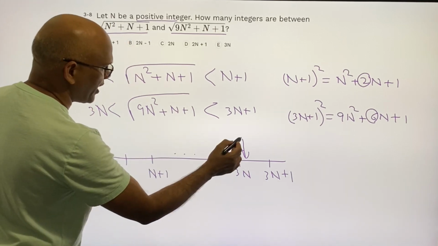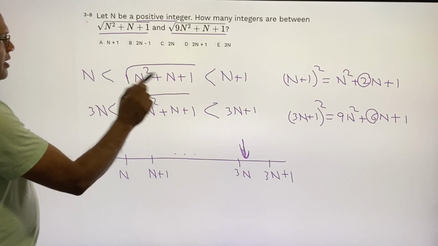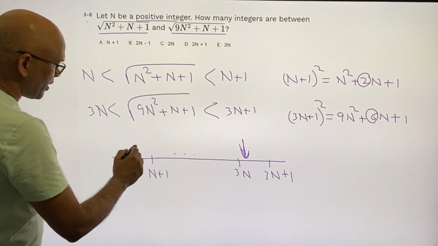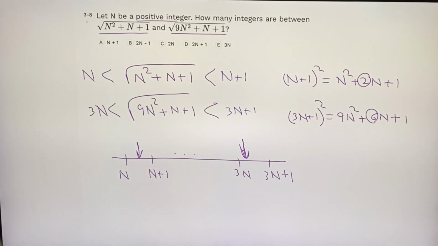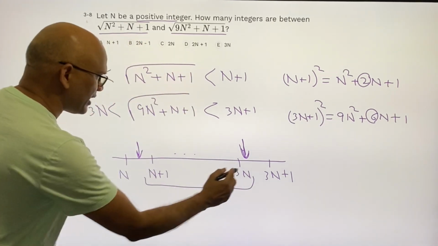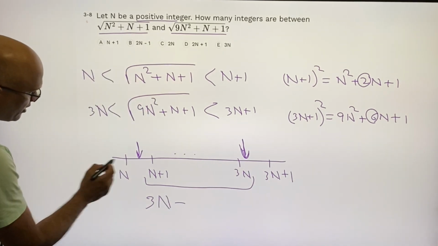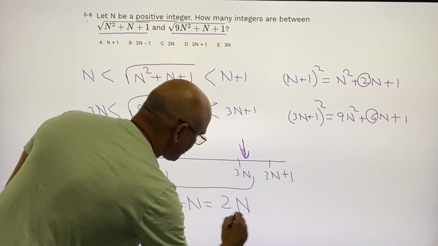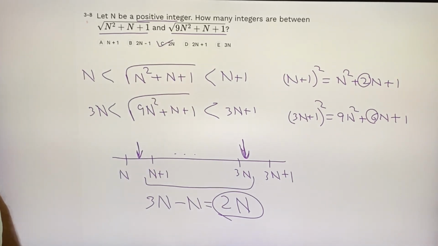And this number is greater than n but less than n plus 1, so it is somewhere here. So how many integers are here? That is simply 3n minus n, which is equal to 2n. So C is the correct choice.